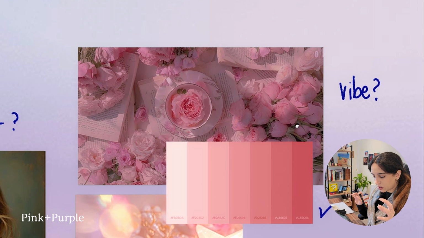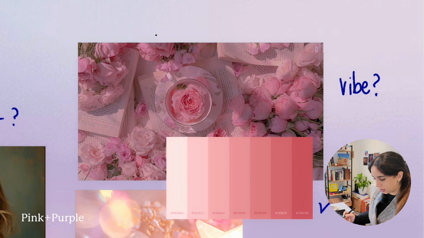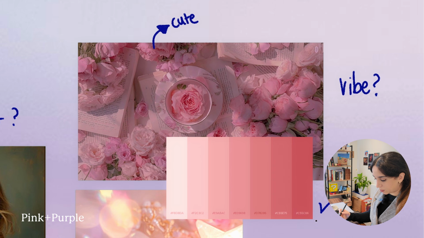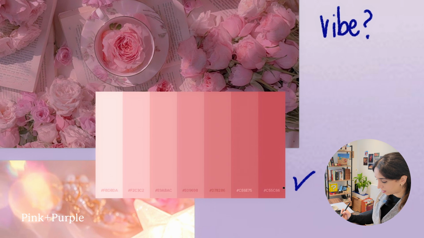So I picked a few pictures that you can see over here that I wanted my overall look to be similar to for the entire project. You can see that I put a color palette over here and I'm trying to stick to it.